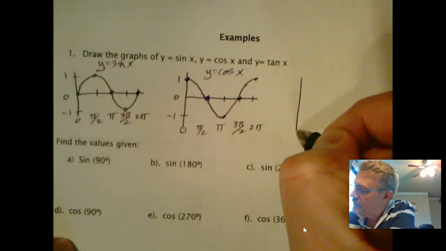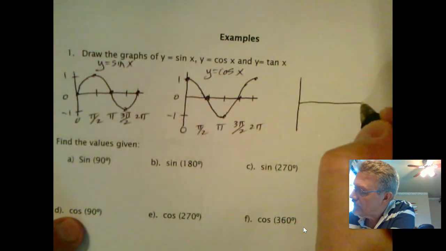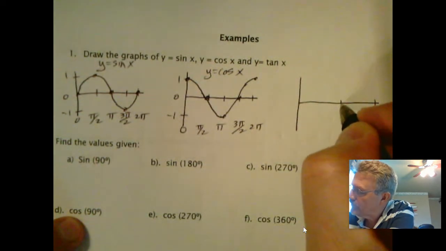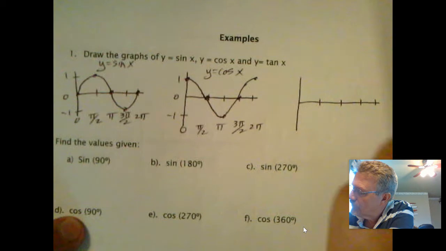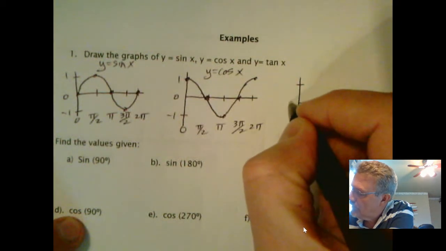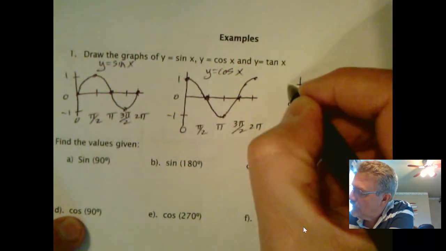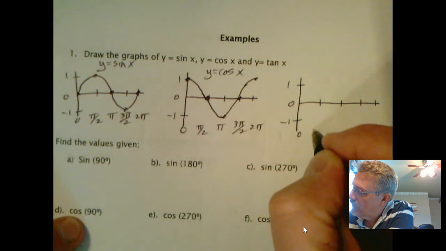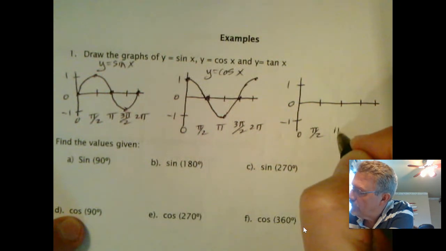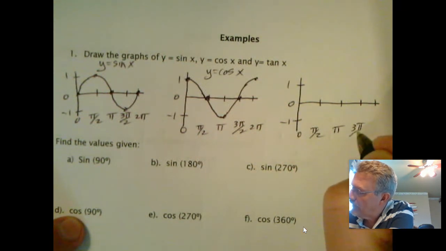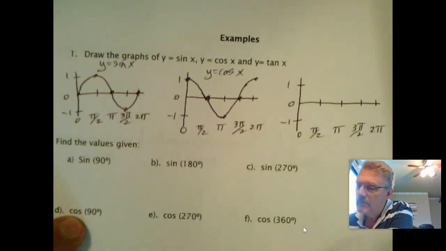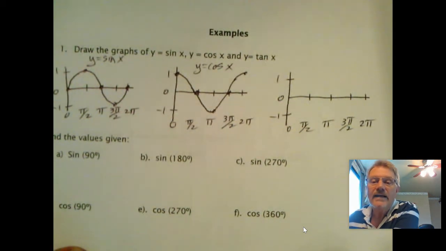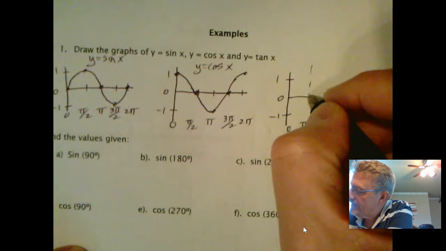All right, and then the third one is tangent. 0, pi over 2, pi, 3 pi over 2, and 2 pi. Now tangent is asymptotic at 90.